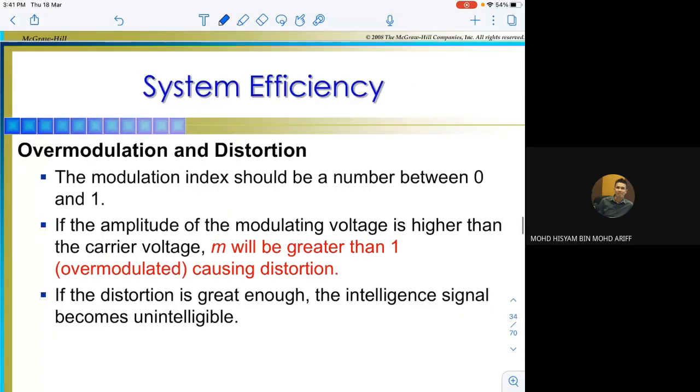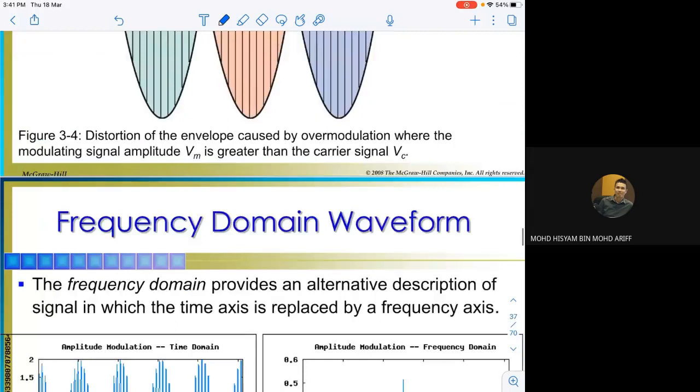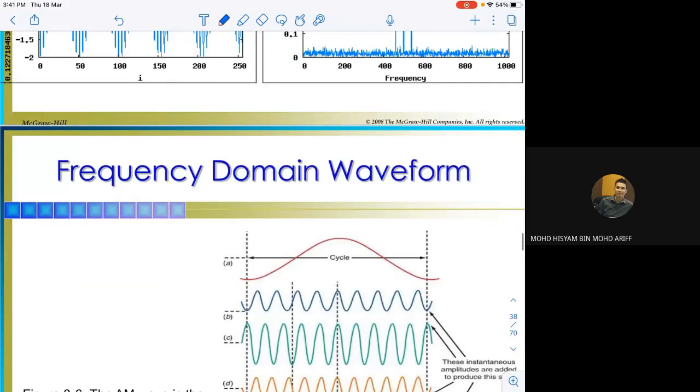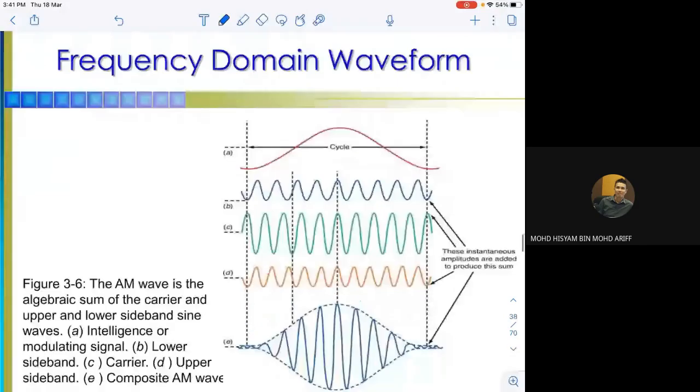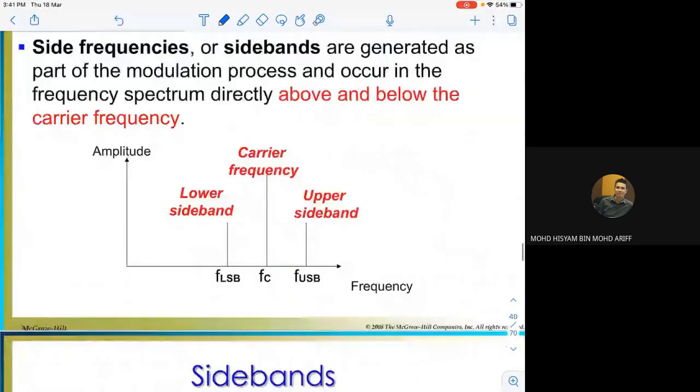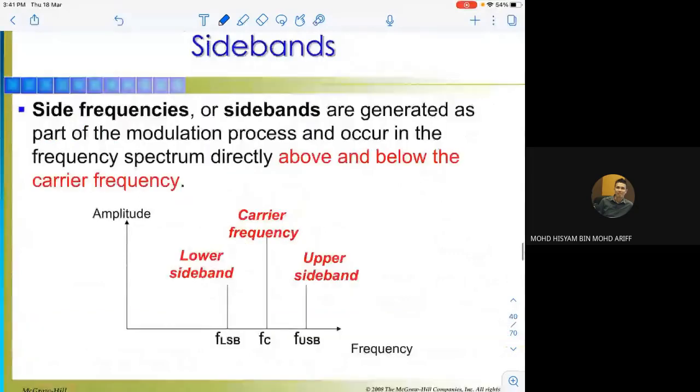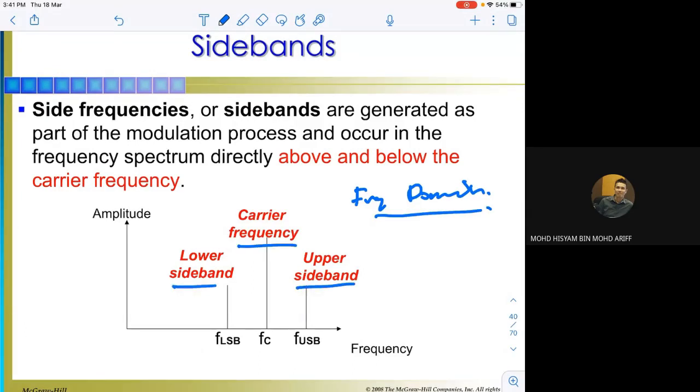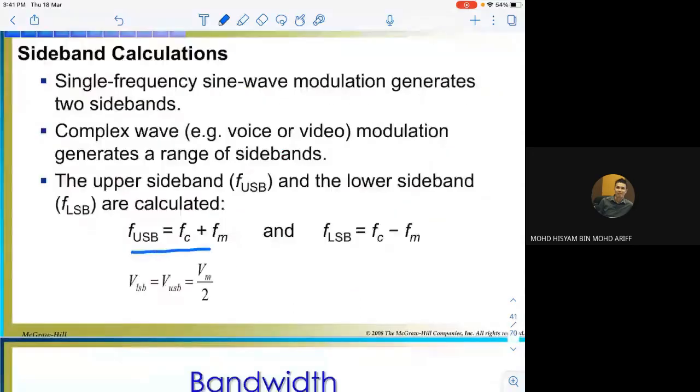Okay, efficiency. As you know, this is the frequency domain that I told you about just now. We have the upper sideband, lower sideband, and carrier frequency. The calculation is FC plus FM and FC minus FM.